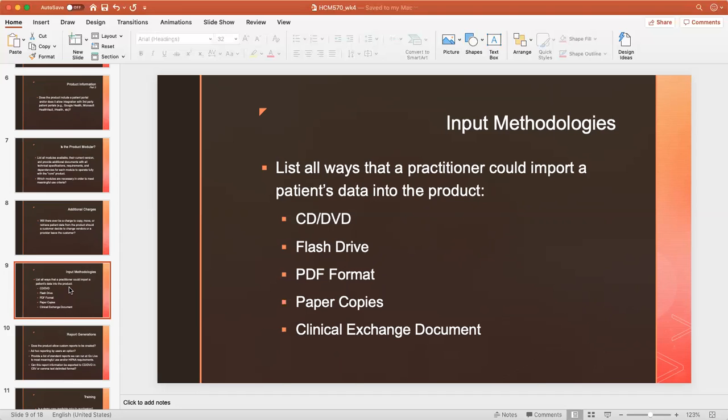So you need to ask the question, how do we get this information from there to here? What if we still have paper records somewhere? What if it's on a flash drive or a CD, DVD, PDF? You have to ask the question so you can know how the information can transmit from where it is at this very moment into the new system.